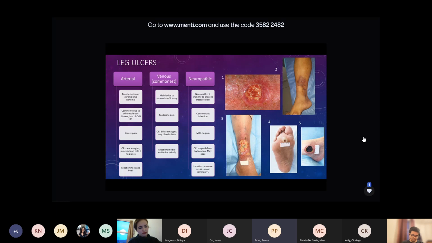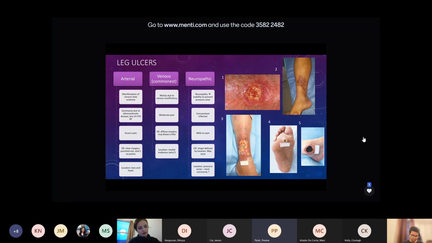Okay, so moving on to the arterial ones, they're really painful and quite punched out. They're due to, in one form or another, ischemia essentially. Most commonly, it's due to atherosclerosis, and you find it in the parts that are furthest away, so toes, extremities, like your heel. The way you can confirm it is checking there are no pulses nearby.